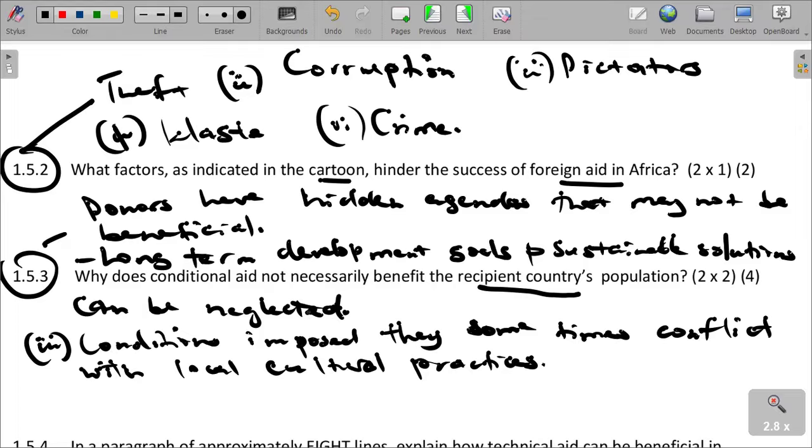And then it can also, because of social and political tension, get things worse.